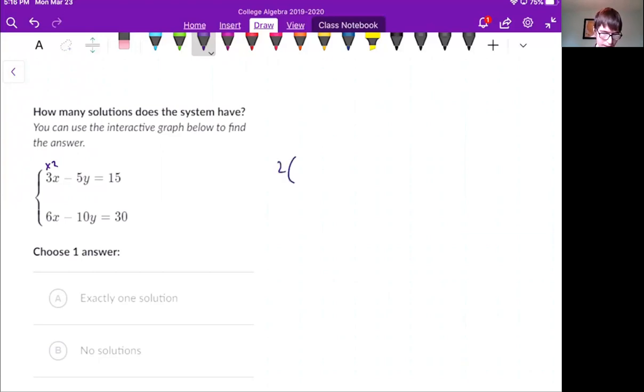So I get 2 times 3x minus 5y equals 15 times 2. I'm going to distribute that through. That gives me 2 times 3x is 6x, 2 times -5y is -10y, and 15 times 2 is 30.